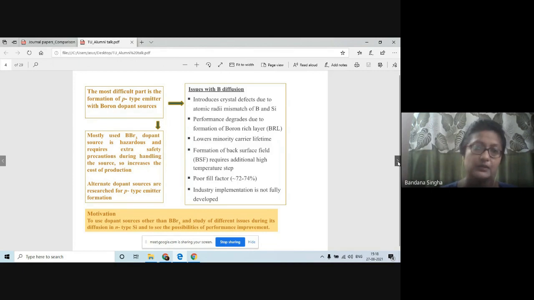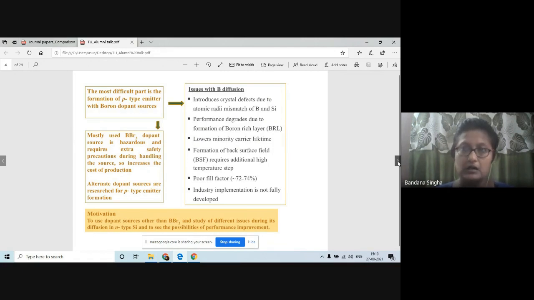So this atomic radius mismatch will result in crystal defects when we do the diffusion of boron in silicon. And also, in case of boron diffusion, we can see the formation of some boron precipitates on the emitter surface.